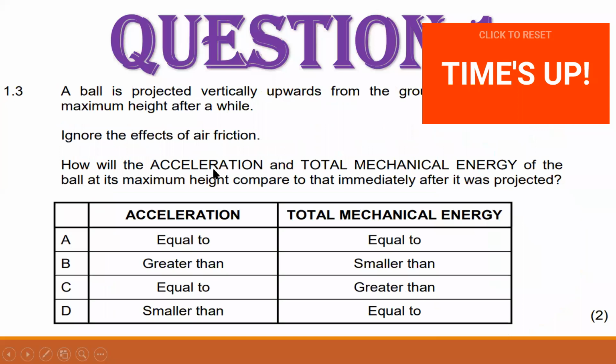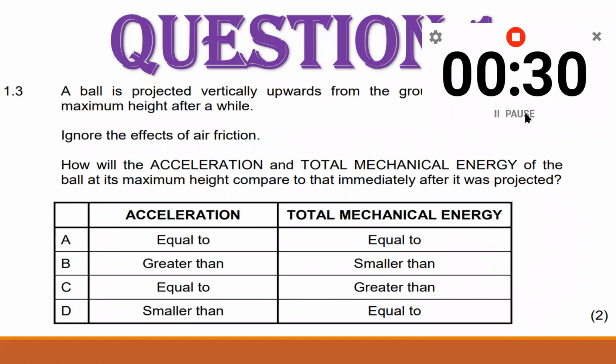1.3 is coming now. Now, projectile motion. Okay. If you have projectile motion, what's going to happen now? Please check, please try. One object is just going up. When it's coming to its highest point, let's give you 30 seconds now.